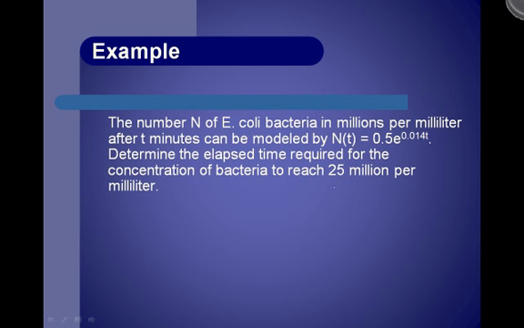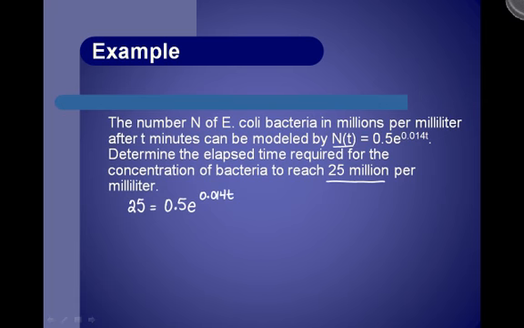So the 25 million per milliliter is the y value. So what we're going to have is 25 is equal to 0.5 e to the 0.014t, and we're trying to solve for t.